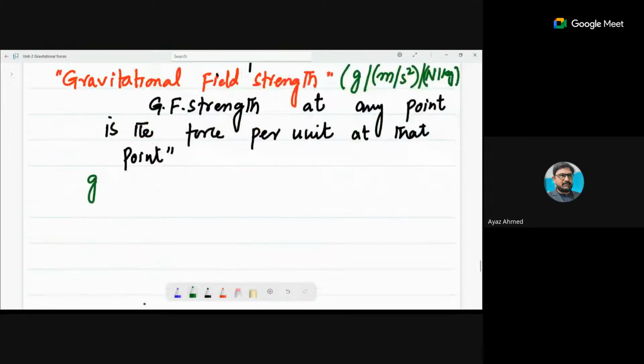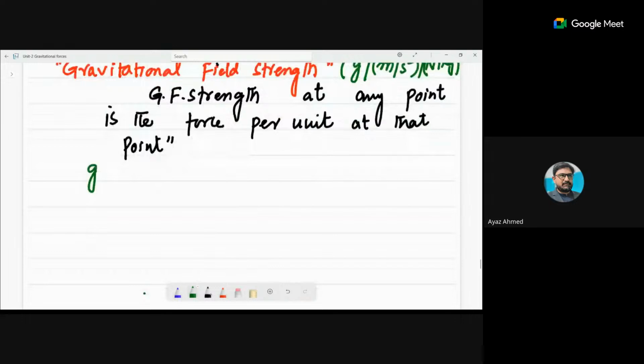So what is the formula for g, what equations do you have to recall and derive? There are two main equations used for this. One is that gravitational field strength is force per unit mass. That is the defining equation.